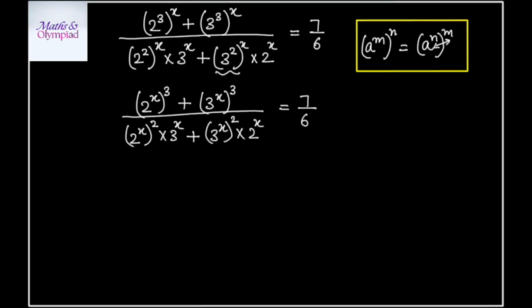Now we have common terms 2^x and 3^x in the numerator as well as in the denominator. So we will do the substitution here. Let 2^x equal to m and 3^x equal to n.